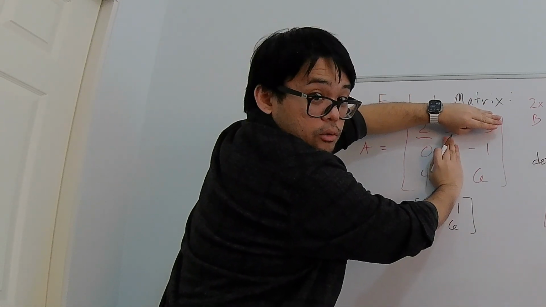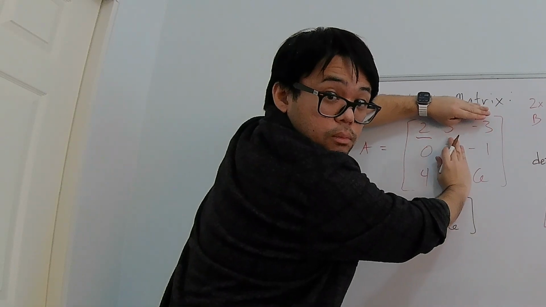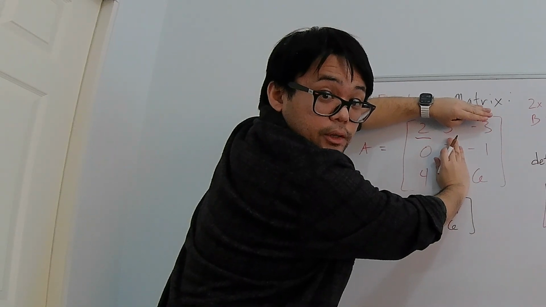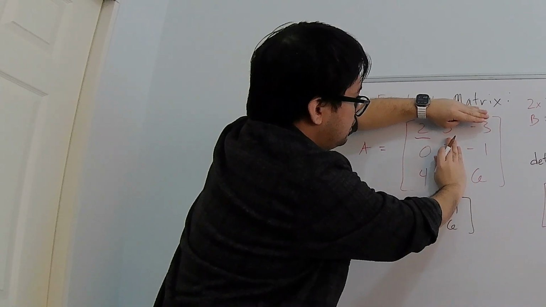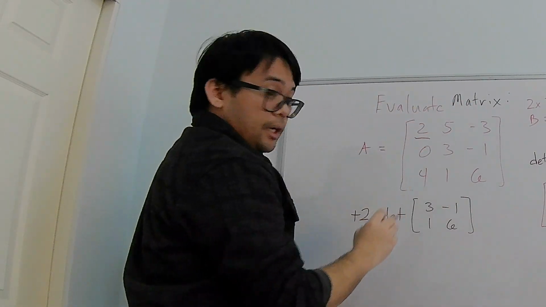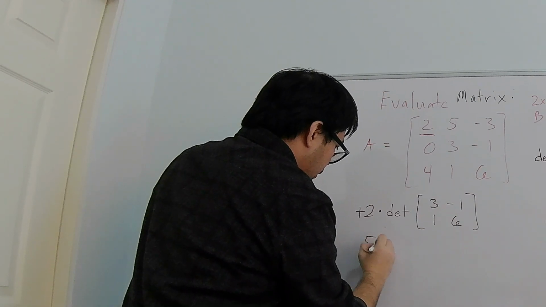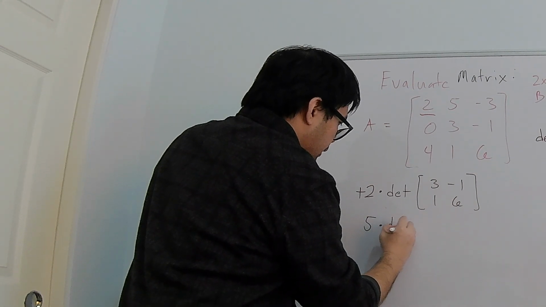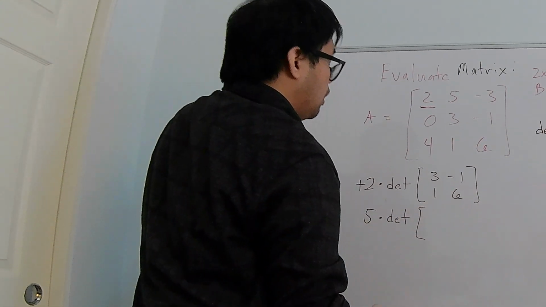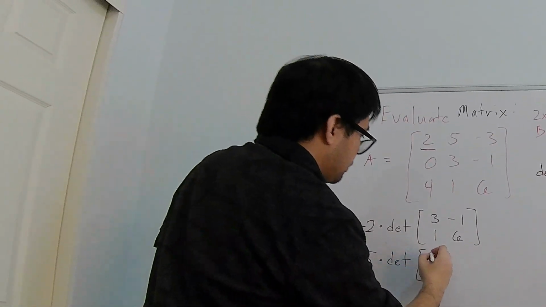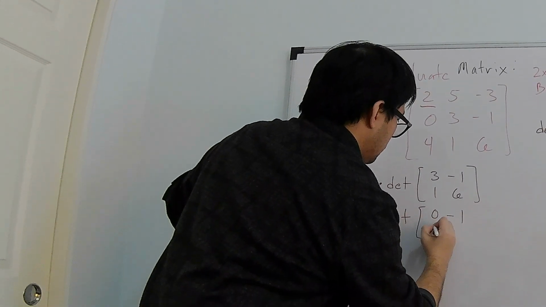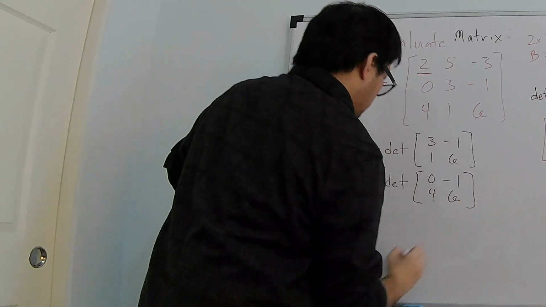Notice how there's another 2 by 2 matrix, 0, 4, -1, 6, in there. We take that 5, put that 5 right here, multiply it by the determinant of that smaller 2 by 2 matrix: 0, -1, 4, 6.